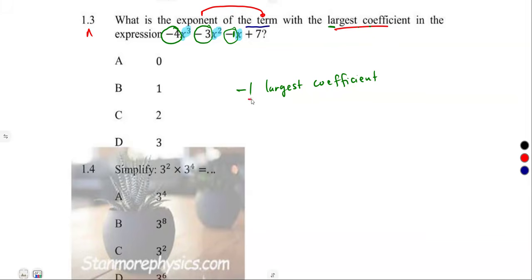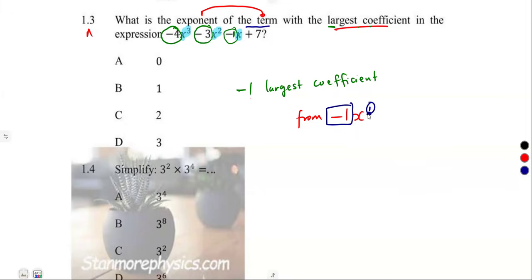We saw that the largest coefficient is negative 1, which is taken from minus x, minus 1x. So what is the exponent of x? X is raised to the exponent of 1.